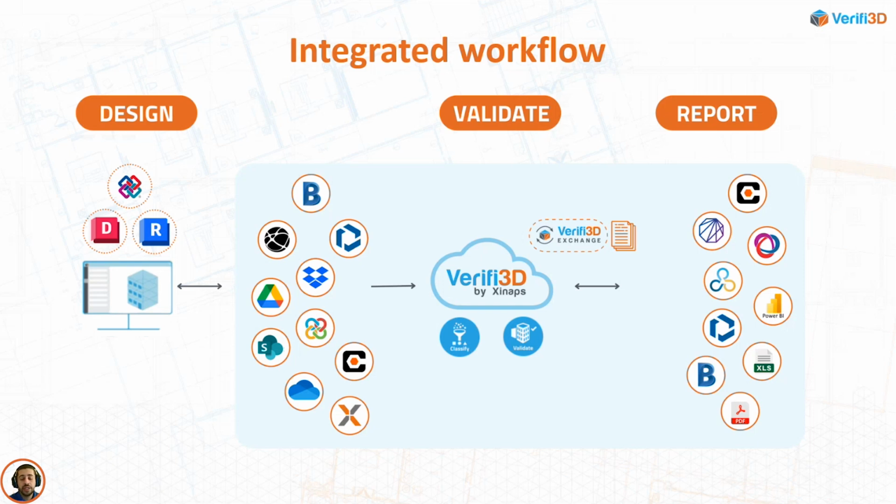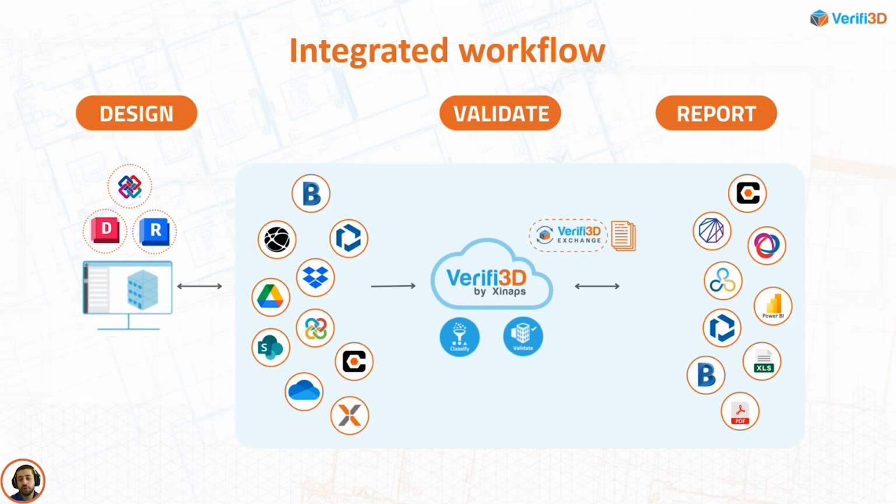Verified is integrated with most of the common data environments, and I would say the key players in the industry. So from BIM 360, ACC, Trimble Connect, Procore, Aconex, all of these ones are seamlessly integrated with Verified, which allows us to read the information in real time and, of course, validate them within our browser.